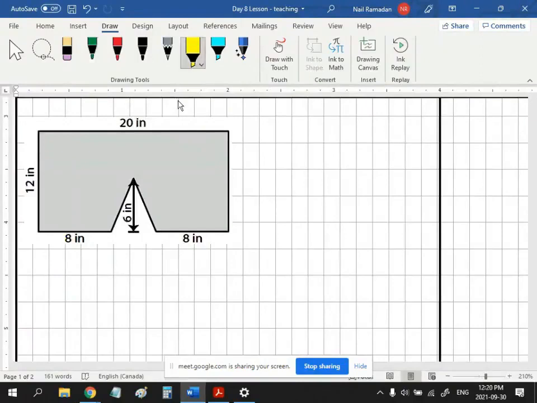Look, everyone, how big do I need if I want to paint this much? Who knows how to do this one? What would be your strategy here? How would you approach this?